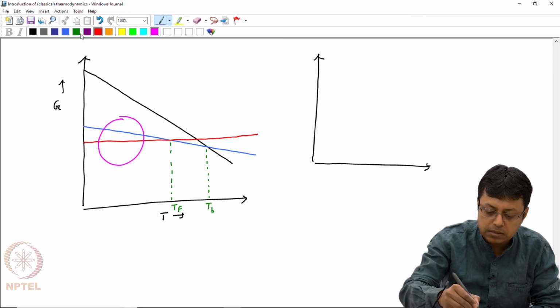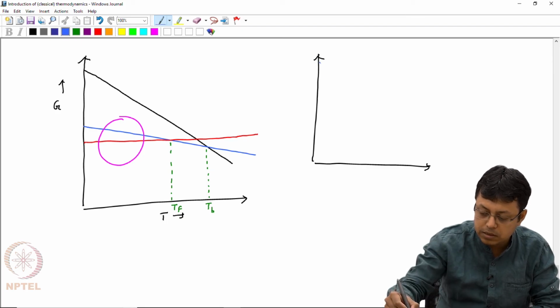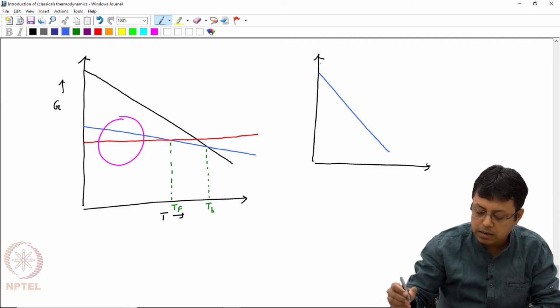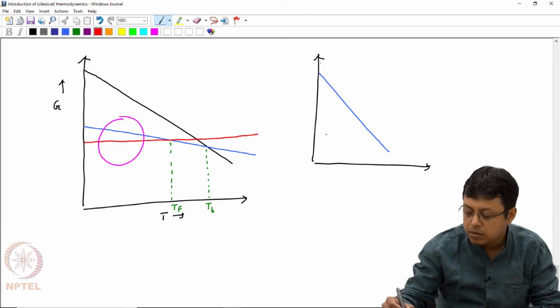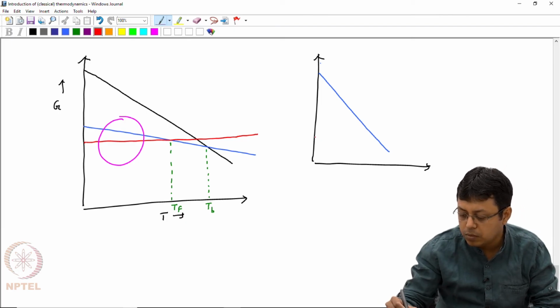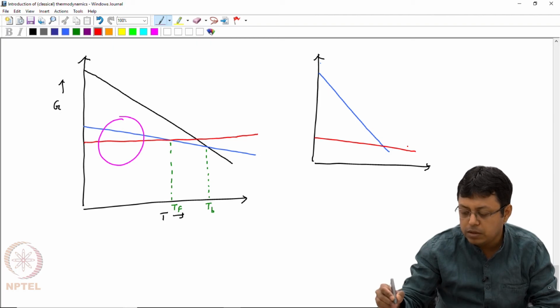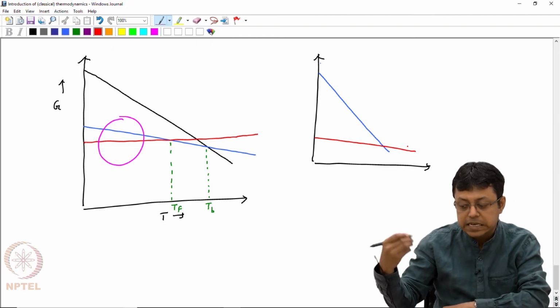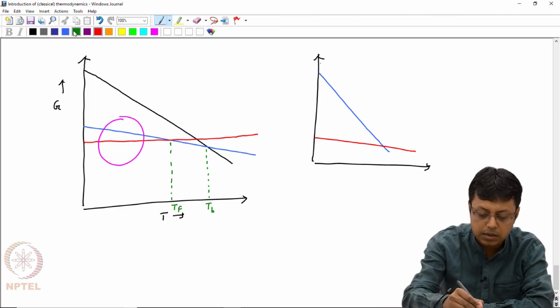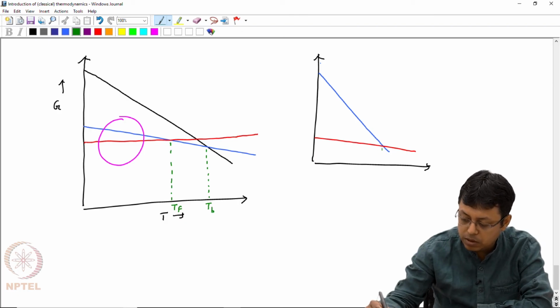So suppose this is the original blue curve which is at a low pressure, and then there is a red curve which is also at a low pressure. And now we'll see the effect of an increase of the pressure on this, and this is what we call the normal freezing point, or TF.